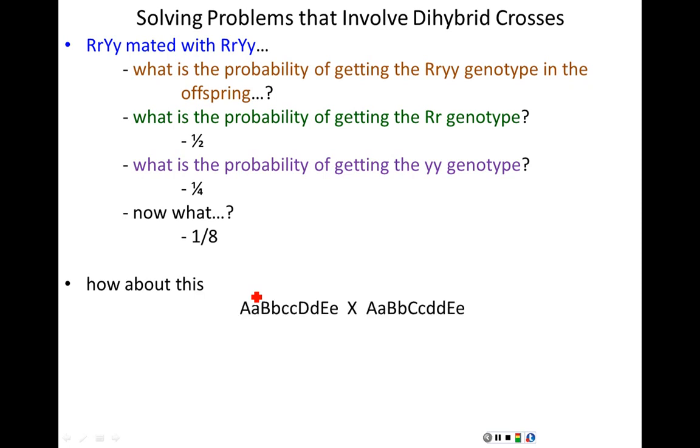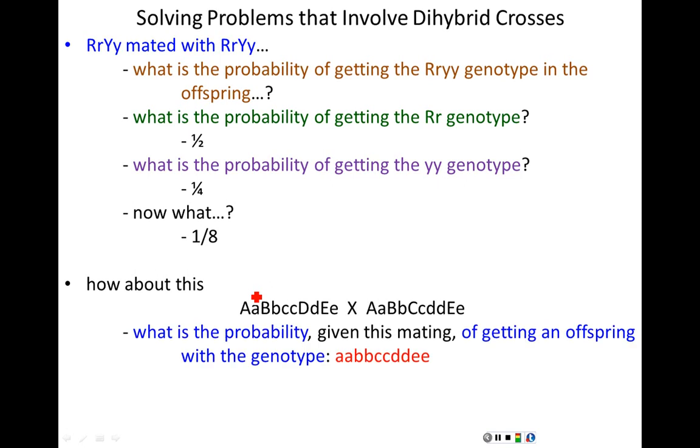How about this? Try to do this with a Punnett square, and let me know when you get it 5 years from now. We're taking a cross of a parent heterozygous for A, heterozygous for B, homozygous recessive for C, heterozygous for D, and heterozygous for E, with a parent heterozygous for A, heterozygous for B, heterozygous for C, homozygous recessive for D, and heterozygous for E. What's the probability, given this mating, of getting an offspring that has the homozygotic recessive genotype across the board?